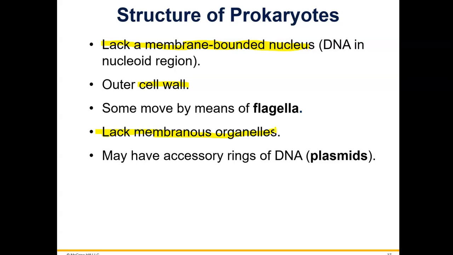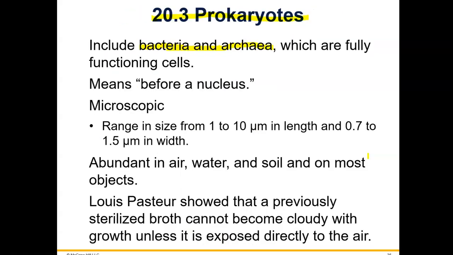Now, they will have one single circular chromosome. But sometimes in addition to that, they'll have an accessory, smaller ring of DNA called a plasmid. And we might talk about that. So bacteria and archaea are prokaryotes. That means they're unicellular and their cells do not have a nucleus.